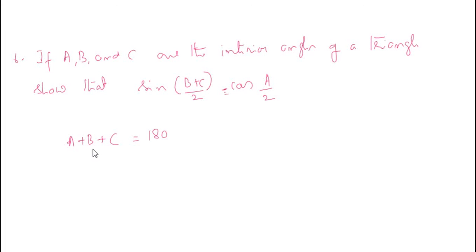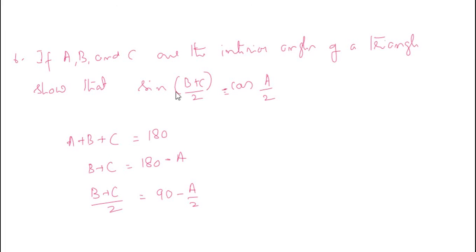Now keep B plus C here, take A to the other side. So B plus C equal to 180 minus A. Divide all terms by 2, it becomes B plus C divided by 2 equal to 180 divided by 2 is 90 minus A by 2.